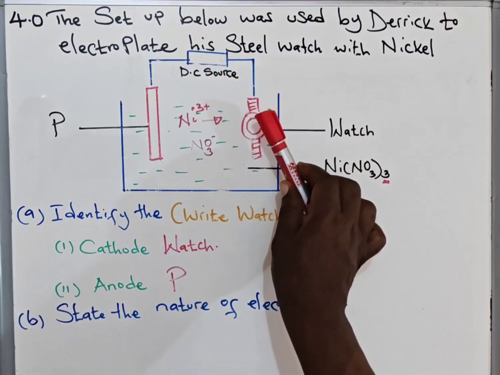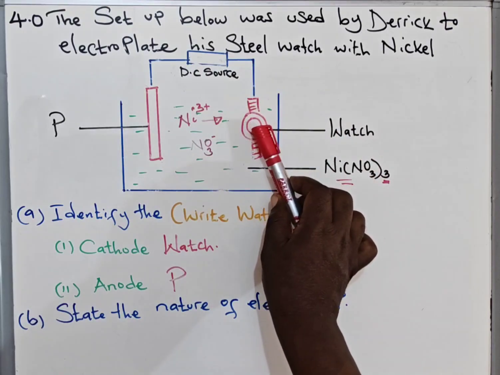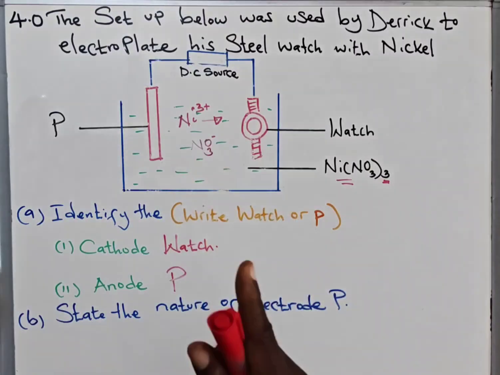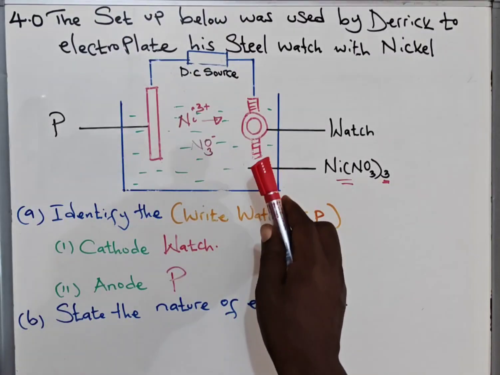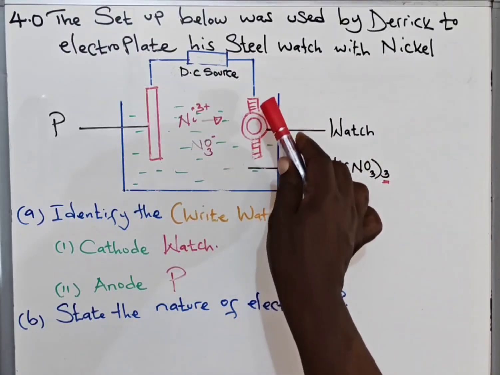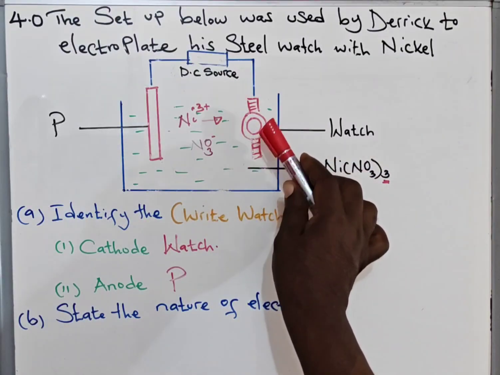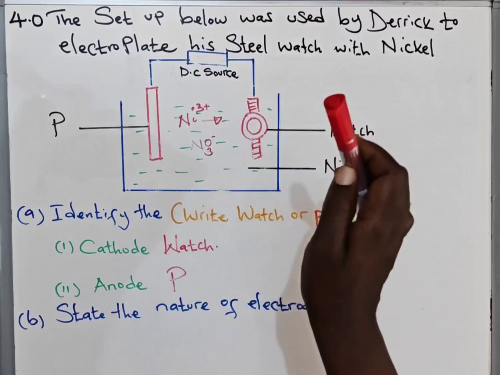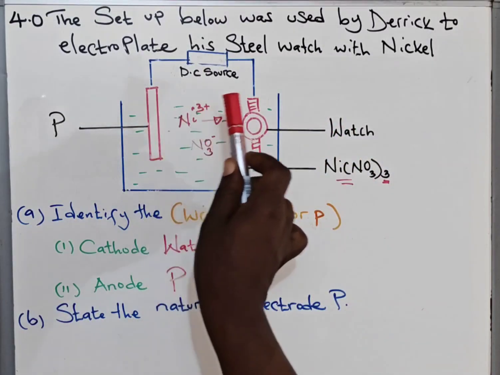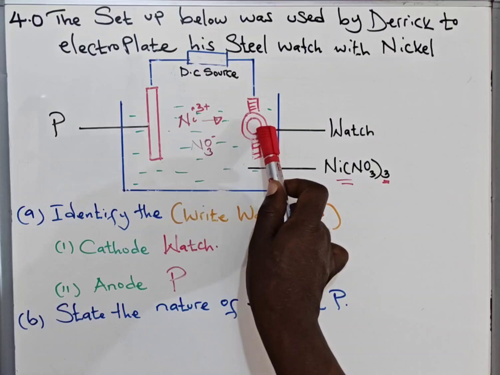In this case, we want to electroplate our watch with nickel, so the electrolyte must be the nickel salt. 2, the article you want to electroplate, in this case the watch, must be the cathode. 3, the anode must be the metal you want to electroplate with.